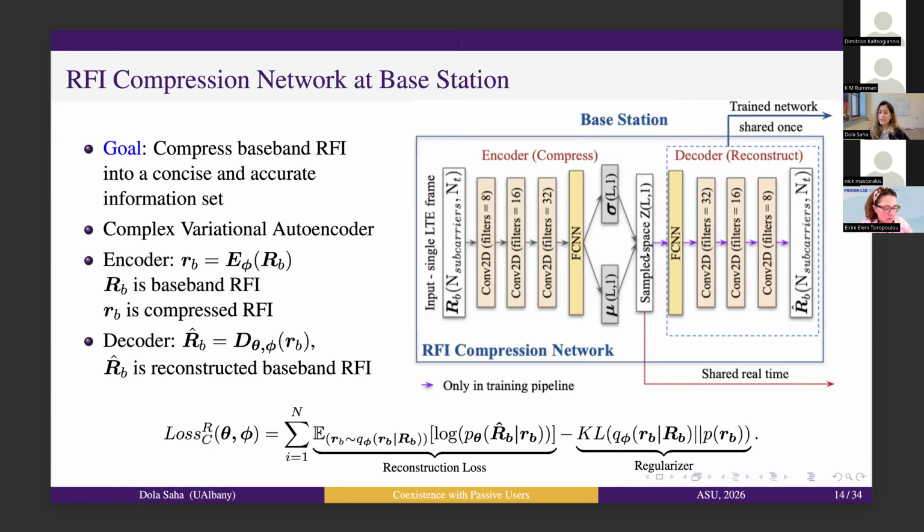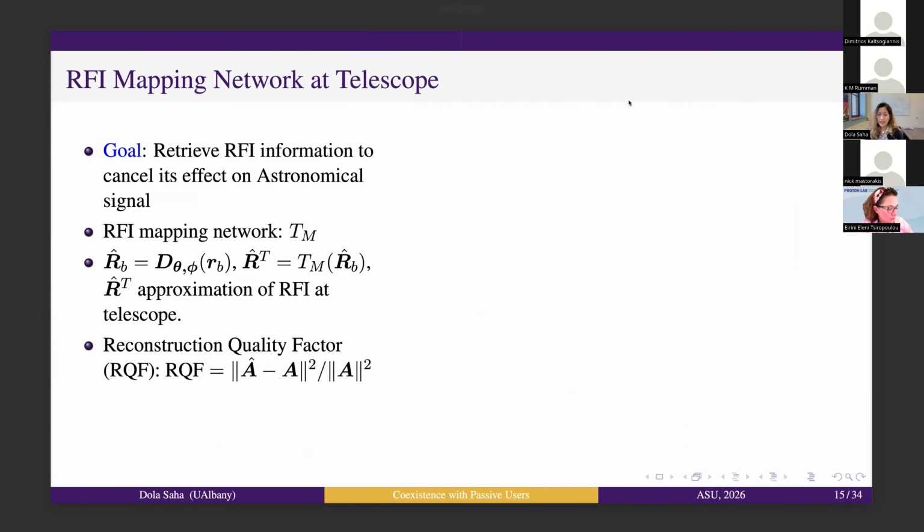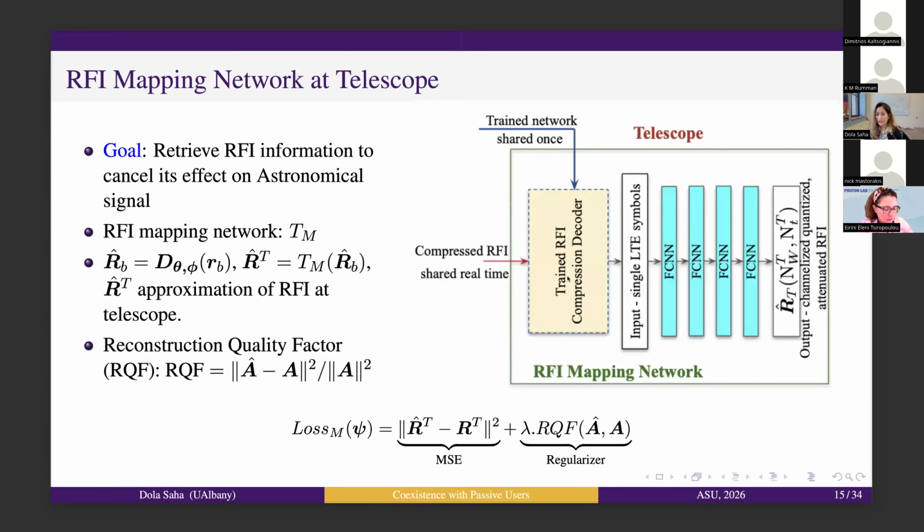And we just use a simulated signal, and again, the baseband is just signal. It hasn't gone through any channel, so it's just the variety that is more important. So what we see over here is going back to the base station. Now, what does the telescope do with that? The telescope takes in that whole decoder that is trained together with the encoder and recreates an almost perfect baseband signal.